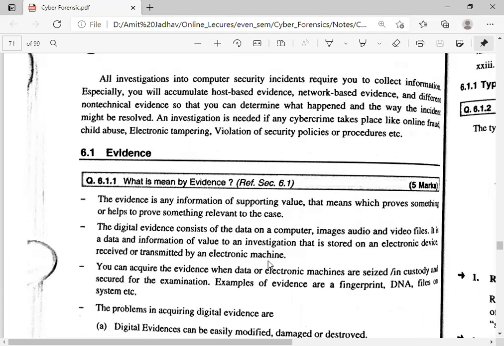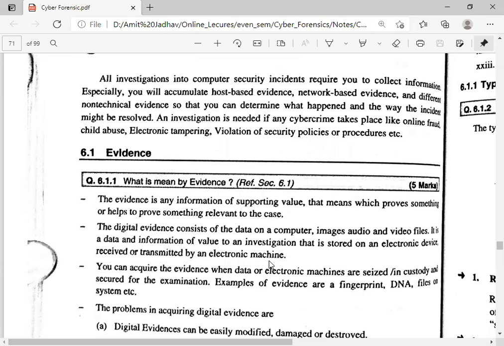Evidence is any information of supporting value, that means which proves something or helps to prove something relevant to the case. So evidence is nothing but the supporting value. Whenever a crime happens, we need the evidence, because without that we cannot prove things, right?